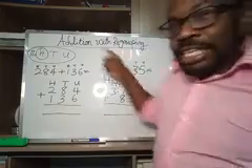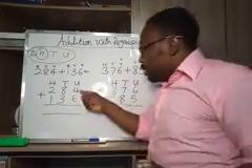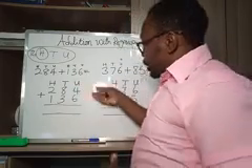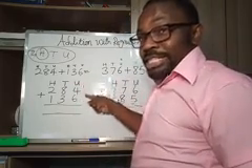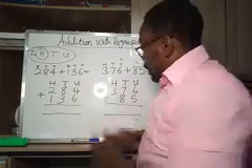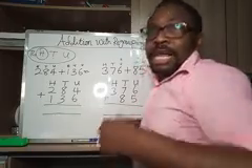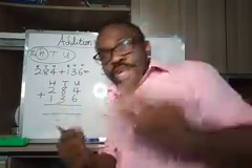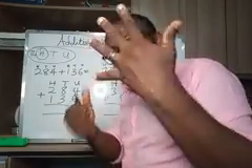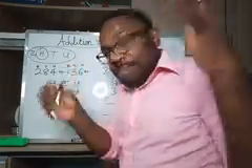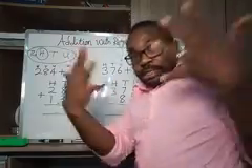Good. Now let's get to the next stage. Next thing would be to add. You begin your addition from the units, from the right side. Now 4 plus 6. However you want to do it. Do you want to go with your fingers? 4 fingers plus 6: 1, 2, 3, 4, 5, 6, which will give me 10.